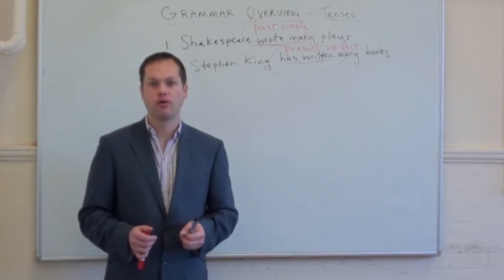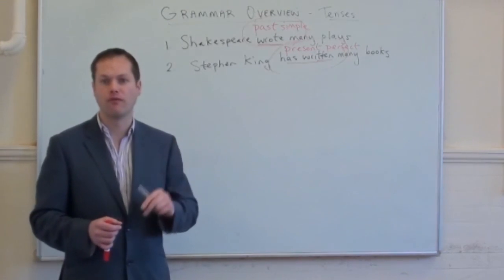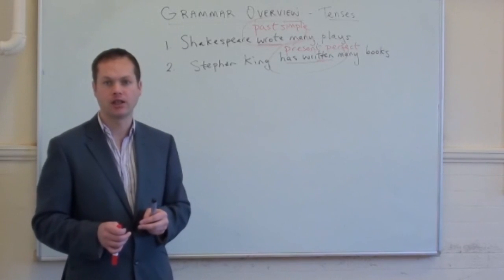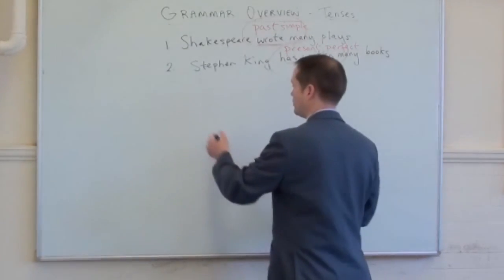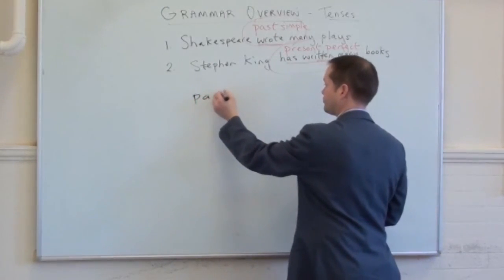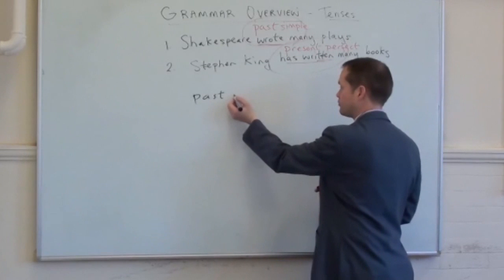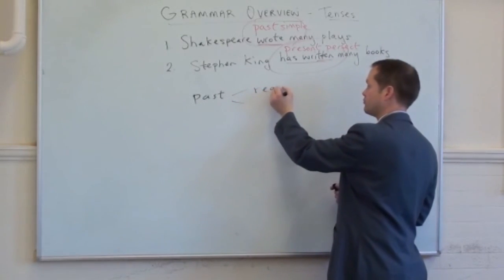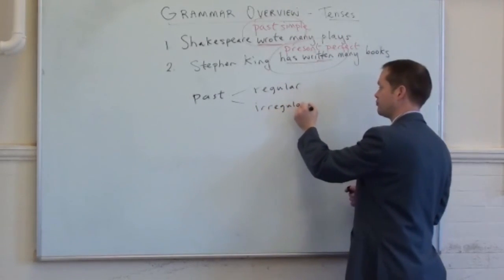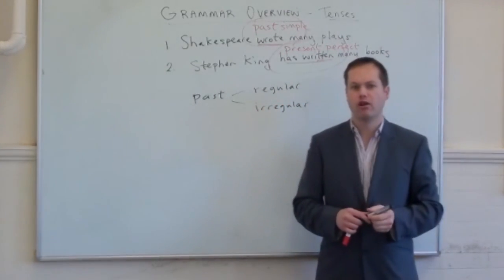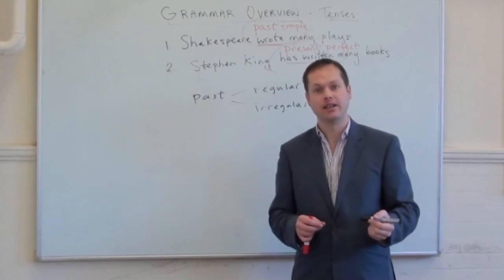Let's look at how the words are formed here. Two types of verbs I want to look at with the past simple. So, looking at past simple, the two types are regular and irregular. Regular verbs in the past have the construction ed at the end.